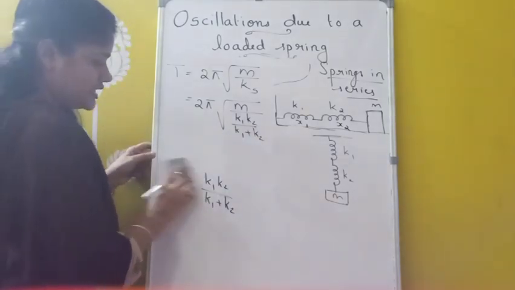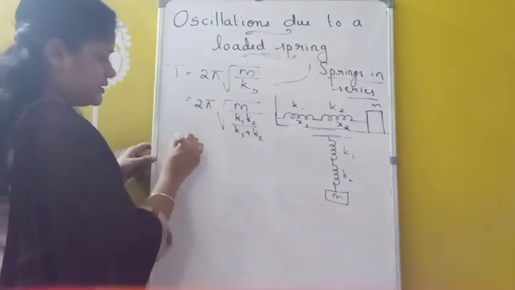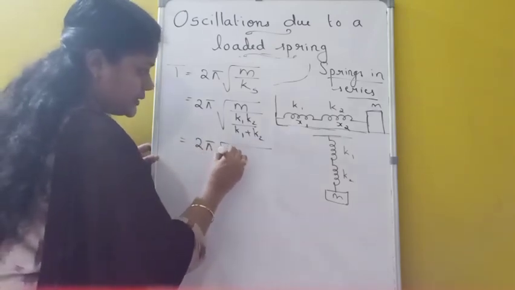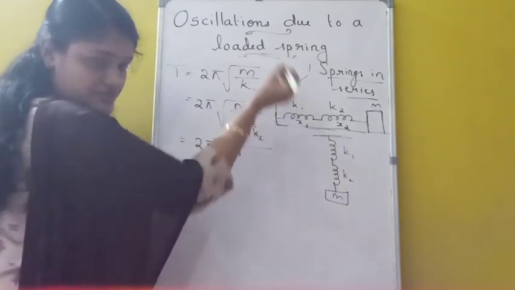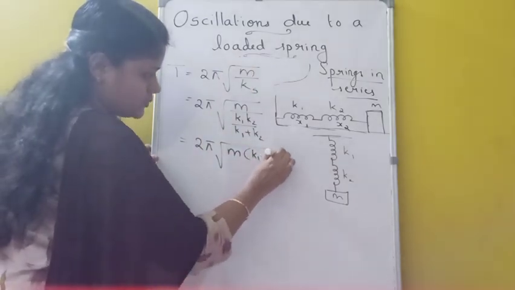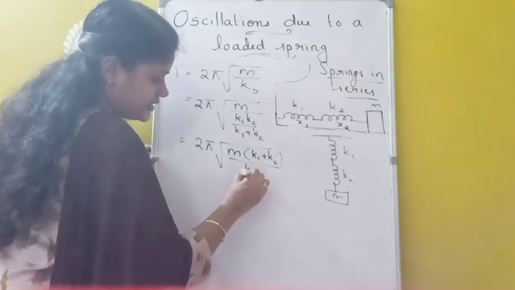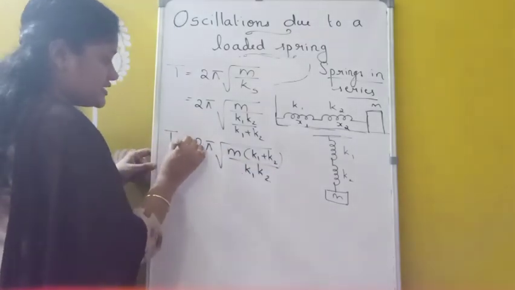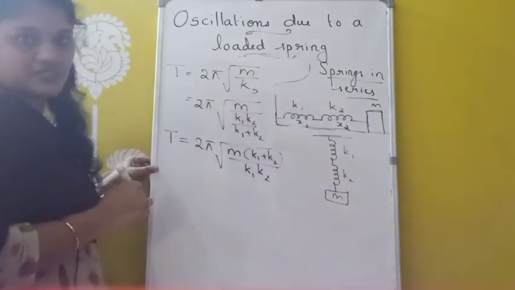Multiplying by the reciprocal, we get 2 pi into root of m into (K1 plus K2) divided by K1 K2. This is the time period of oscillation in the case of series combination of springs.